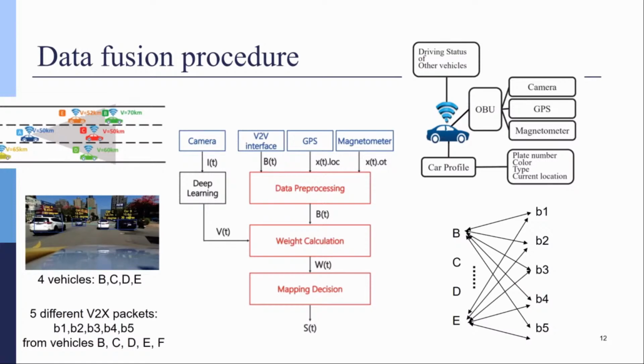So, for vehicle A, its input includes the front camera's video stream, its own GPS location and orientation, and neighboring vehicles' radio packets received from the V2X interface. Inside the radio packet, there is one of the neighboring vehicles' profile and sensing information from the OBU.